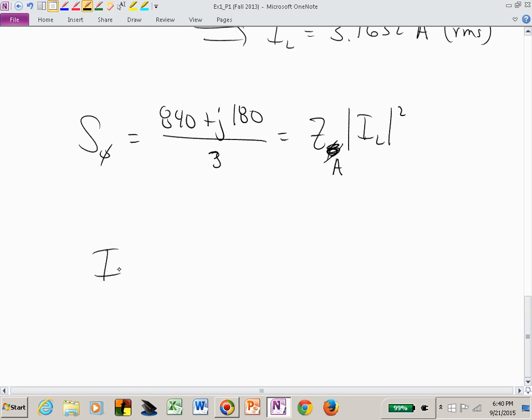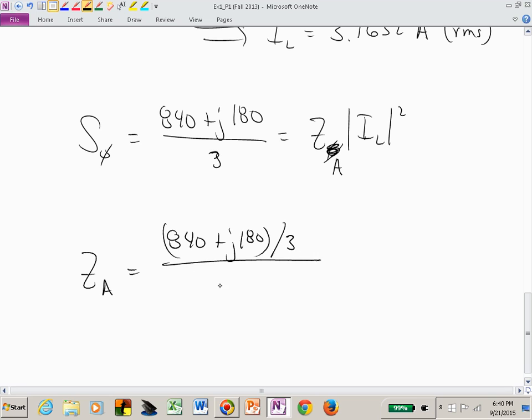Now we have Z sub A equal to 840 plus j180, all divided by 3.1632 squared.